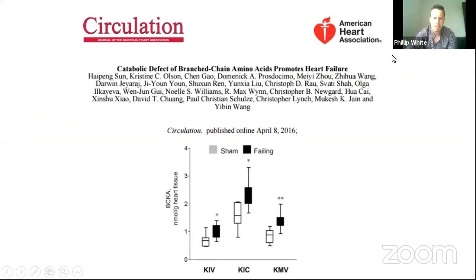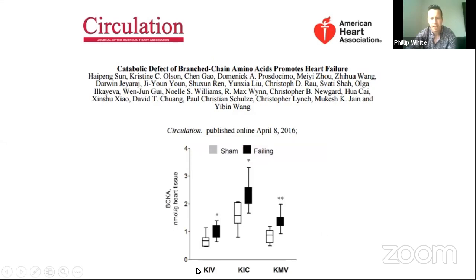Our interest in the branched-chain keto acids within cardiac function was further stimulated by this terrific paper from Haipeng Sun and Yibin Wang's group, where they found that with progression of heart failure, multiple enzymes in the branched-chain amino acid catabolic pathway within heart tissue are downregulated, and this results in an accumulation of branched-chain keto acids within the heart.